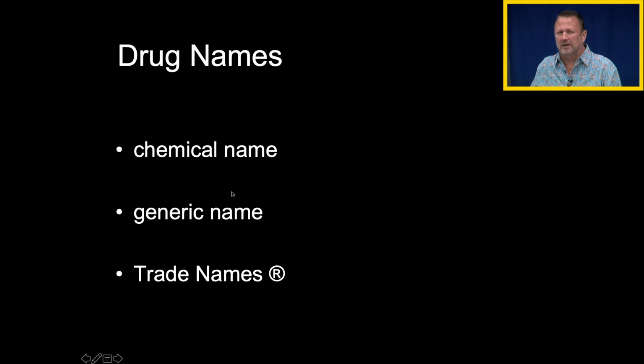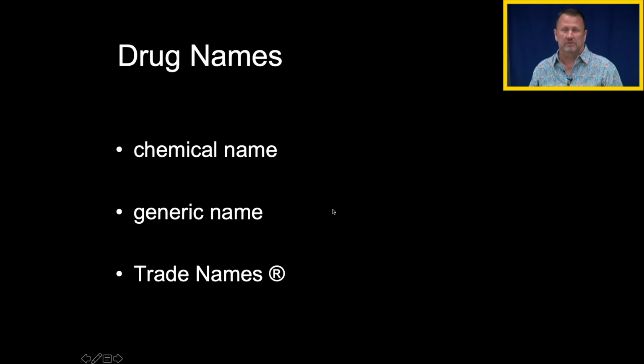Then there's a generic name of medication. By convention, the near entirety of time, generics are not capitalized. And then trade names, when you read the book, they'll have rights reserved because the name of that drug is intellectual property for that corporation, and so they reserve the rights. And so you'll see that R everywhere except my curriculum.